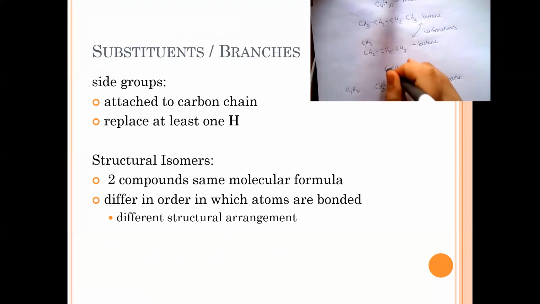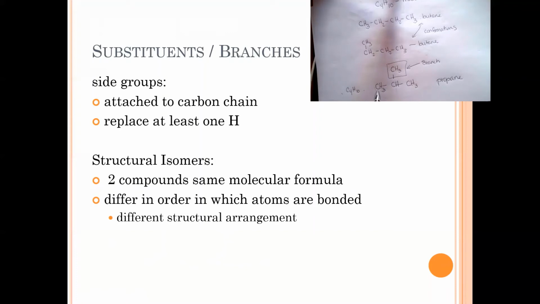And when we have this, this here is known as the branch or the substituent group, we have to denote what it is and where its position is. So over here, it's on carbon 2. So if I start counting from an end, I want to count on the end that gets me closest to the branch.